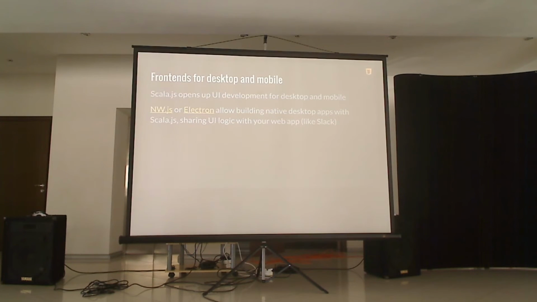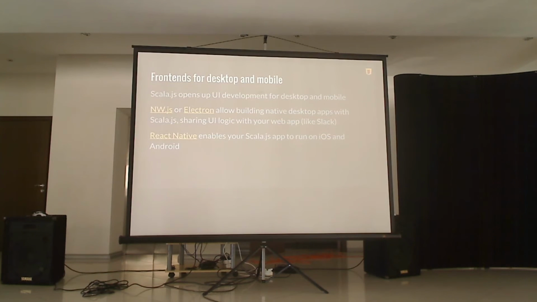If you're using Slack, for example, on desktop, that's a typical example of these kinds of applications. The benefit is that you can use basically all of your UI code both on the website but also on the desktop. So instead of using, let's say, Swing or some other Scala Java library to build a desktop app, you can just use the web technologies quite easily.